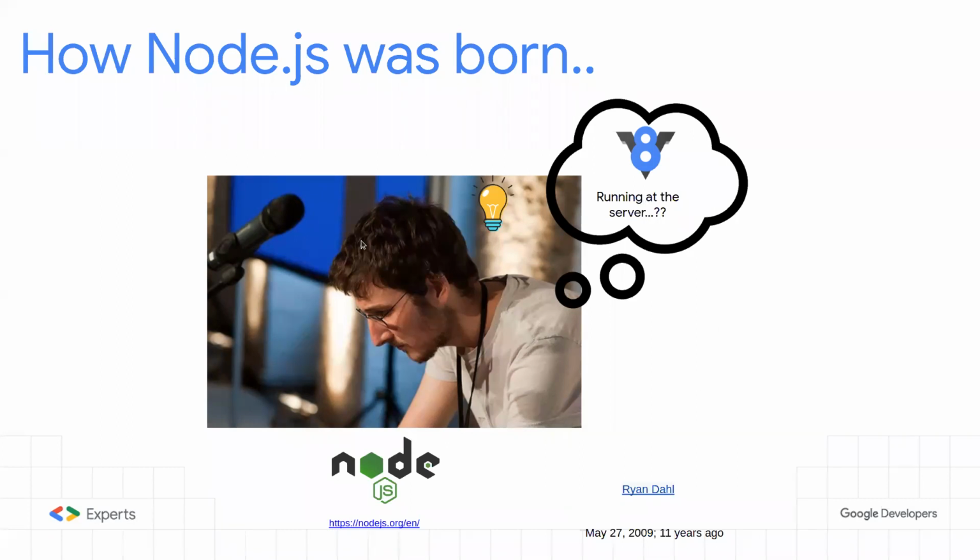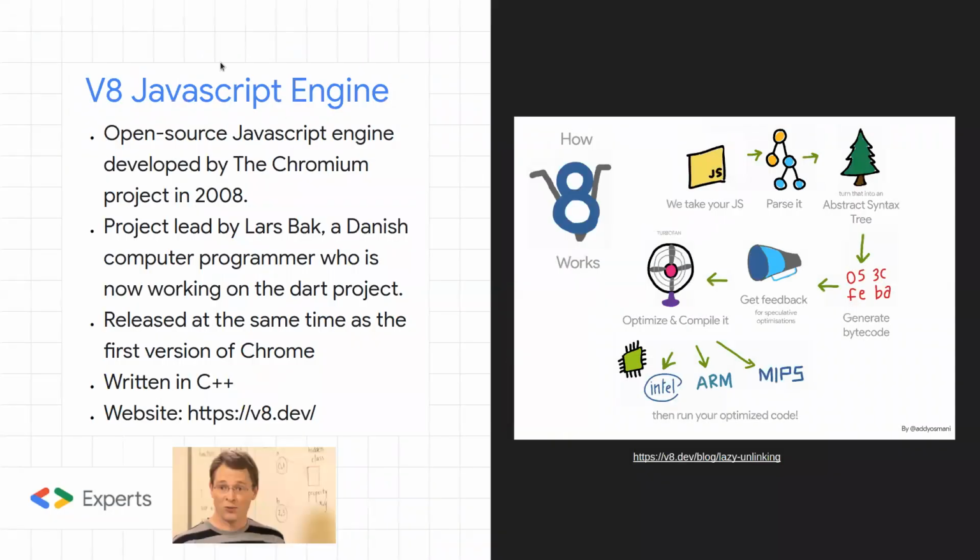What's gonna happen if I take this component specifically and then move it into the backend? Well, this is how Node.js was born. Node.js is basically the V8 runtime. I'm gonna talk more about that, but before I would like to.